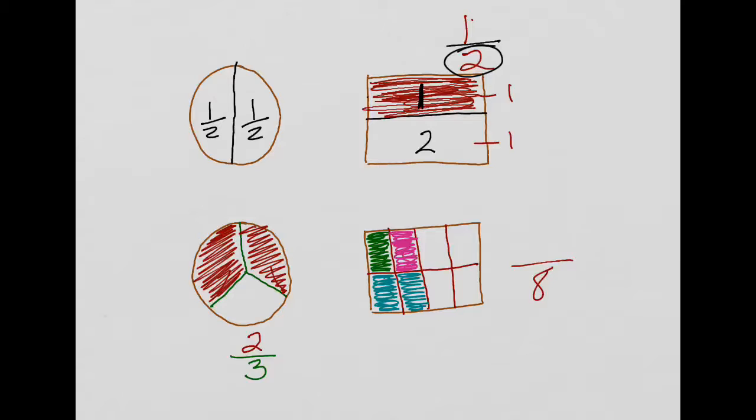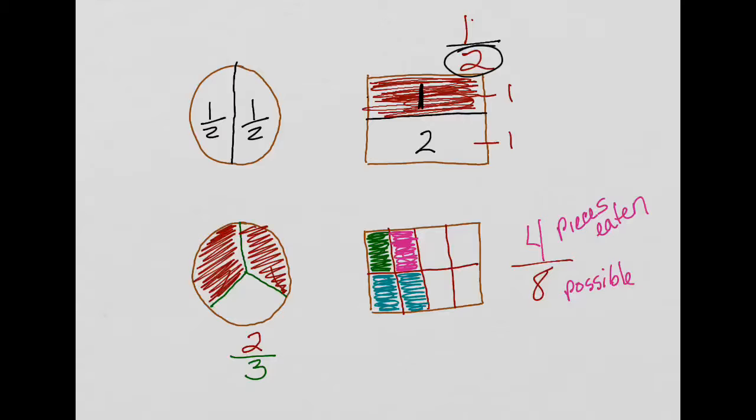Well, we'll look at the colored parts. So how many colored parts are there? If you said 4, you are right. So we would put the 4 above the 8. That means there are 4 pieces eaten out of 8 possible.